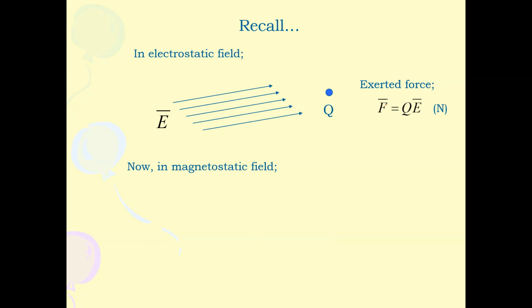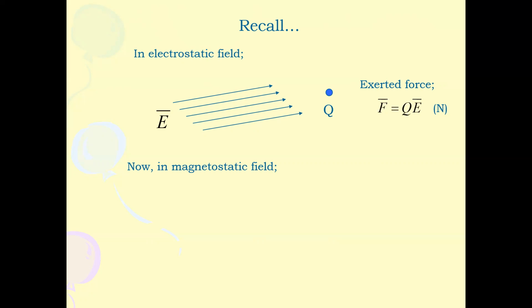It is the force produced on the charge Q due to the application of the external field E. That should be the force experienced by the point charge Q, and it is measured in Newtons.